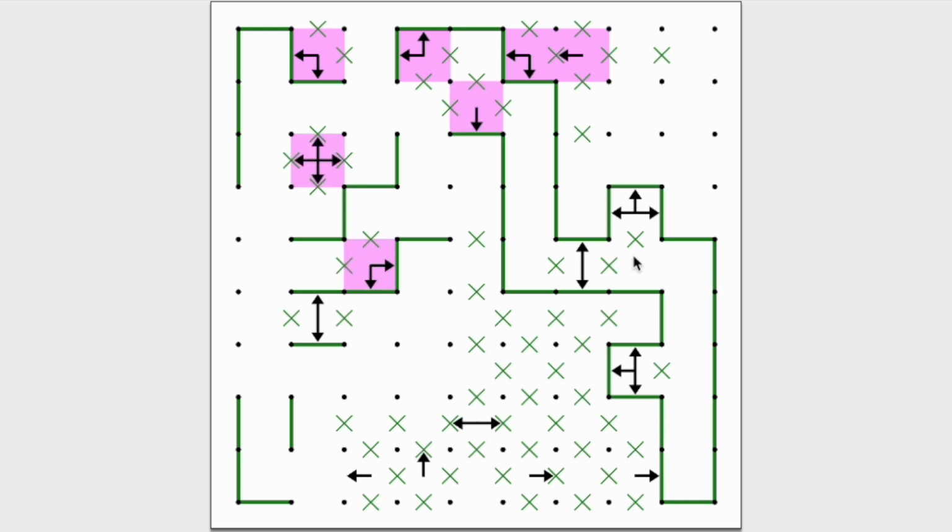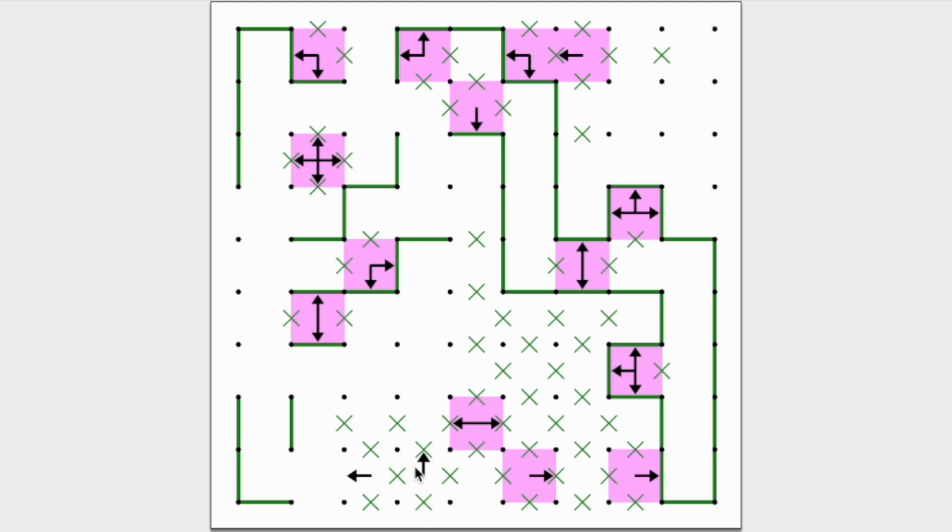This one's satisfied. That one is. That is. That is. This one is done. This we haven't dealt with yet. This one we haven't. Well, I don't think we've done that one yet. This one we've done. Okay, so these two clues have more information to give us. So let's take care of those.